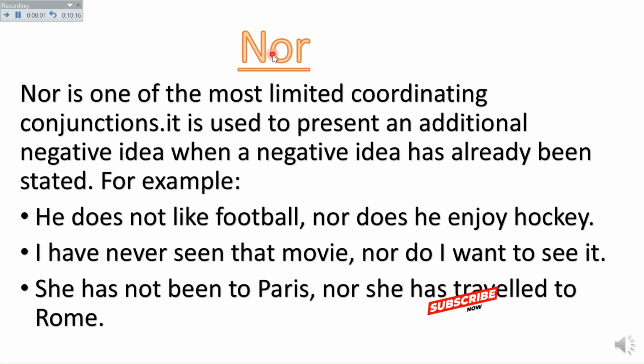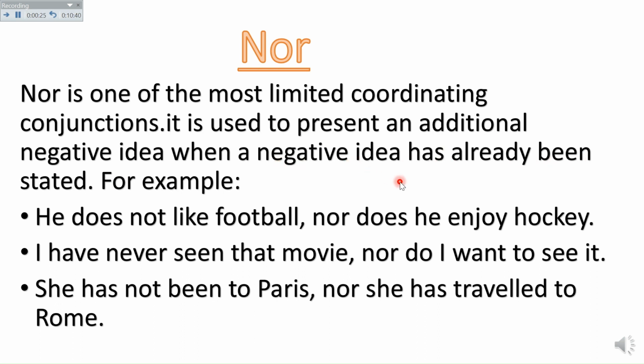Nor is the next coordinator, guys. "Nor" is one of the most limited coordinating conjunctions. Why is it limited? It's limited because it's not used a lot these days. We use "neither...nor" in place of "nor" now. It is used to present an additional negative idea when a negative idea has already been stated.